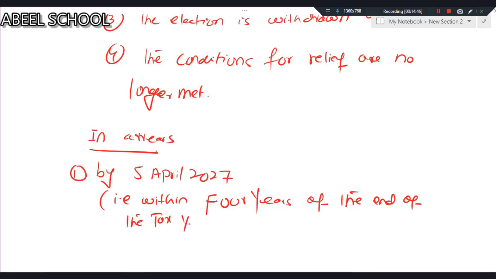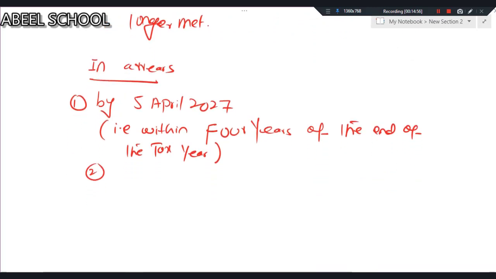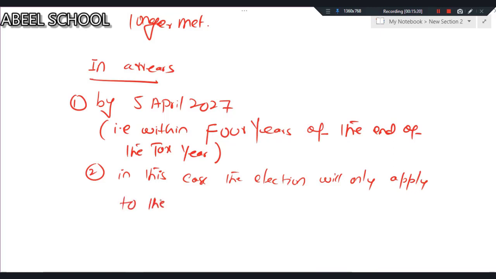Second, in this case, the election will only apply to the tax year 2022-23 in isolation, because you are going for arrears.